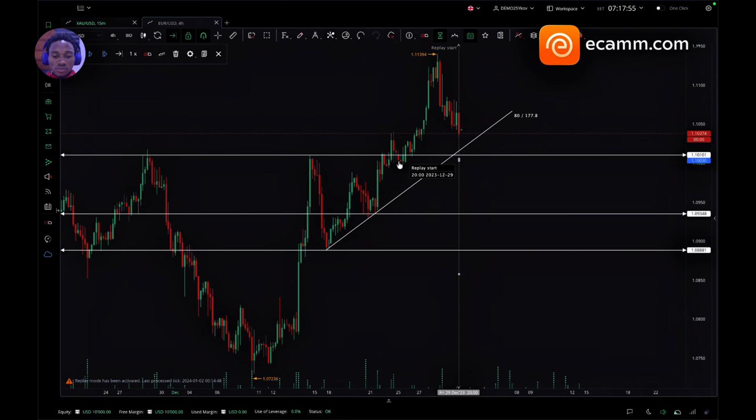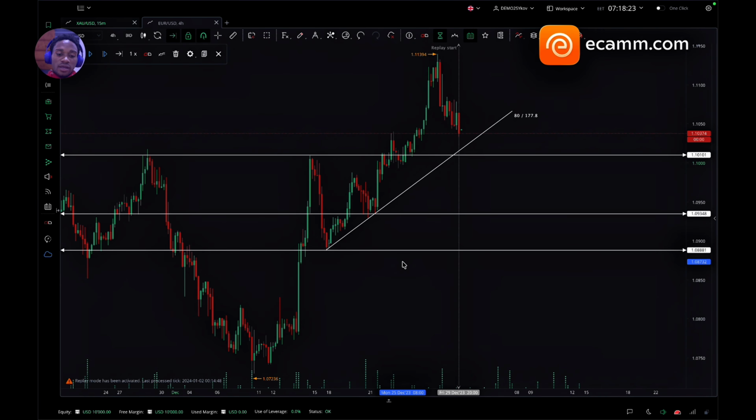This first horizontal ray I drew here, why did I draw it here? You can see that when the market got here it retraced. When it got here it retraced, then it finally broke this high here. This high can also be called a resistance, because the market was going there and that point resisted it down.